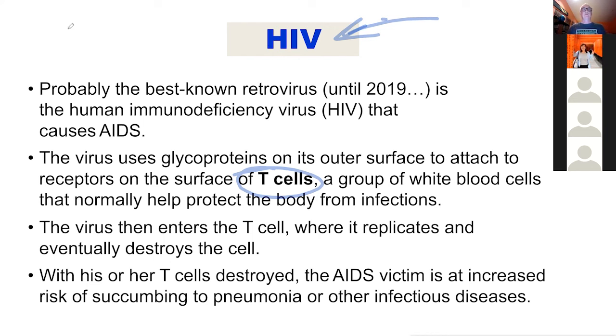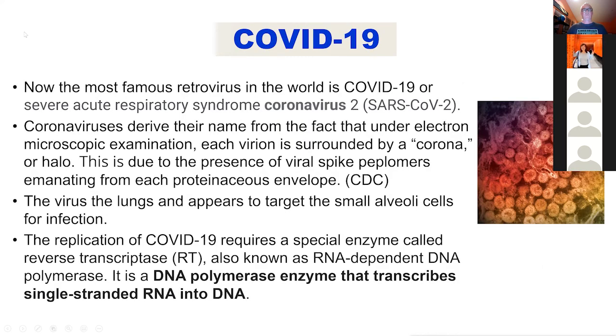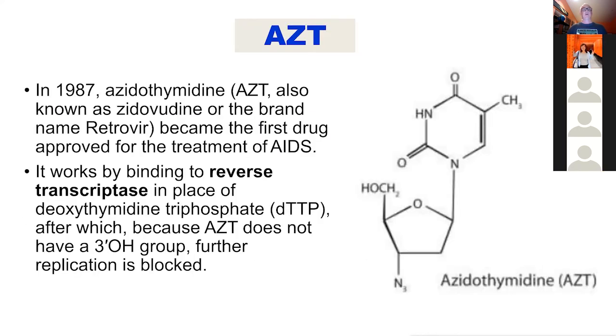So what came along to sort of help with that was a target on the reverse transcriptase of HIV. So just like every other retrovirus, it has a Pol gene for reverse transcriptase.